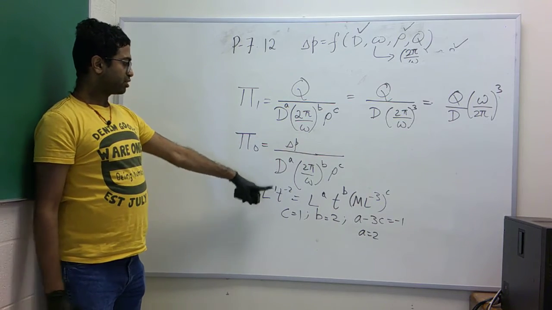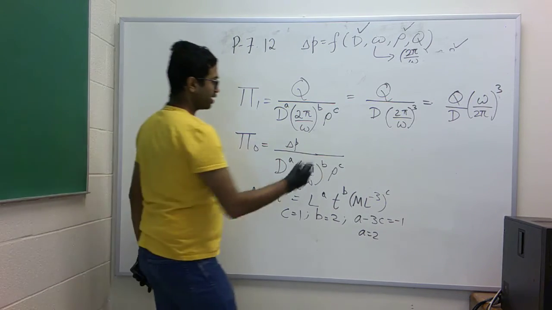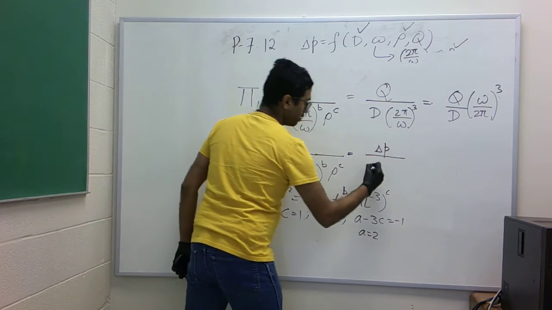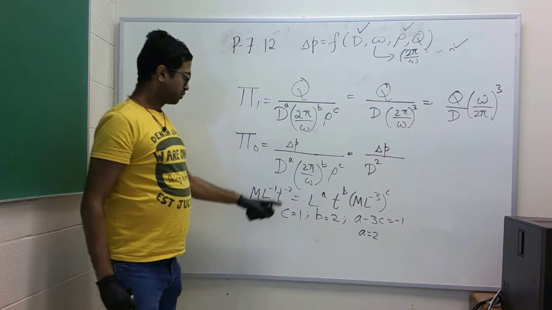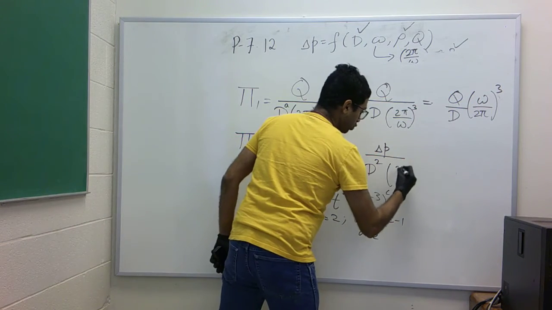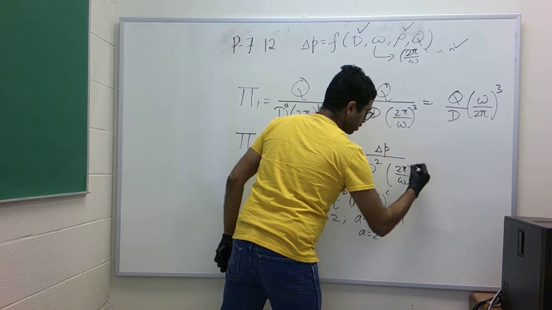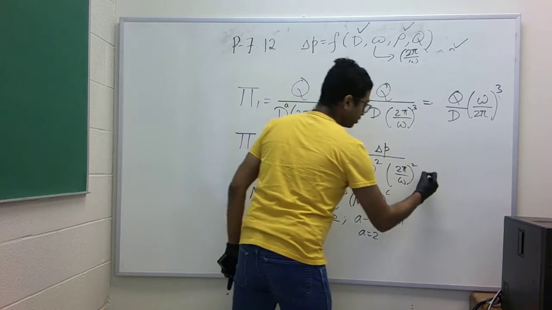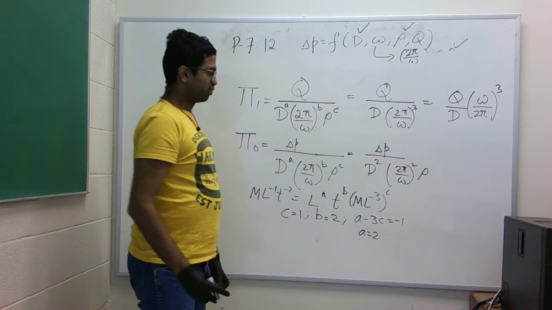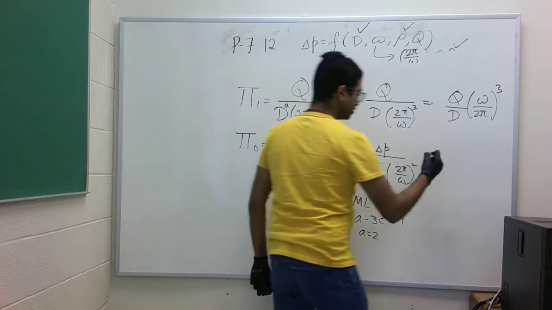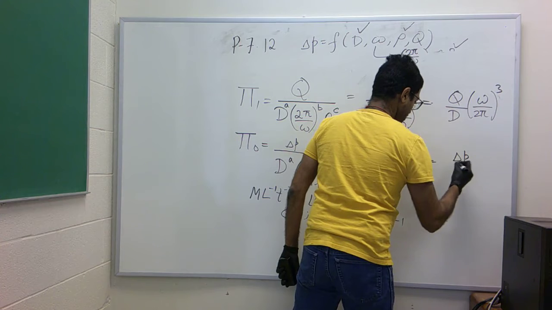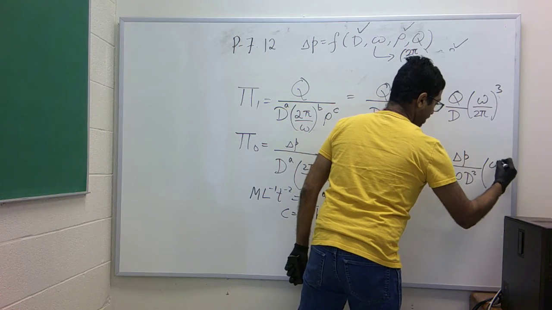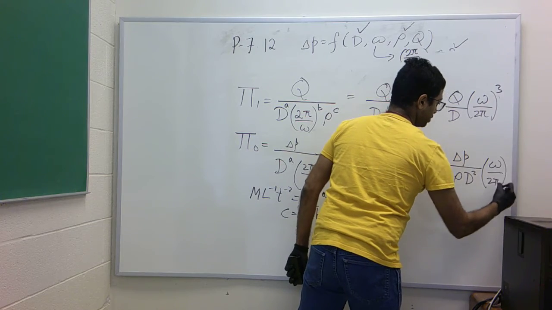So if I put this back in here, I have delta P divided by D squared, and then I have 2 pi over omega squared, and then I have rho power 1, which I just write as rho. If I just rearrange this a little bit, I have delta P divided by rho D squared omega over 2 pi the whole square.